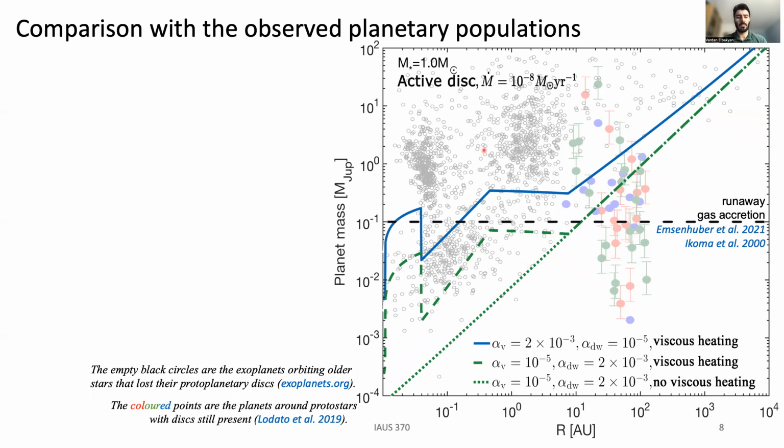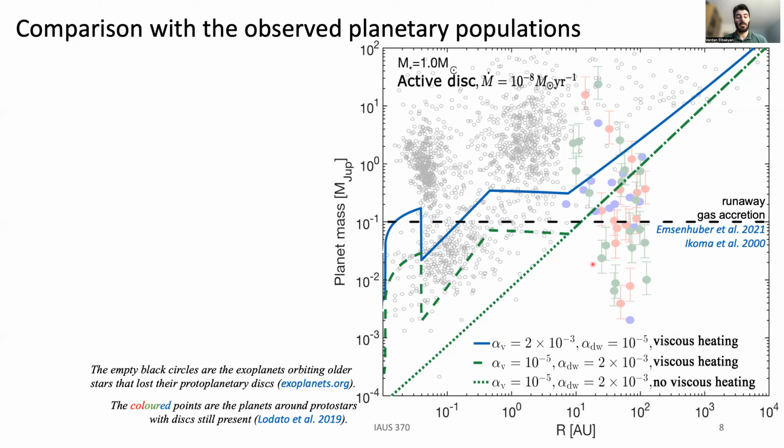Here we show observational data of the planets in systems where the protoplanetary disk is already lost, with these black circles, and with the colored points we are showing the systems where the disks are still present.